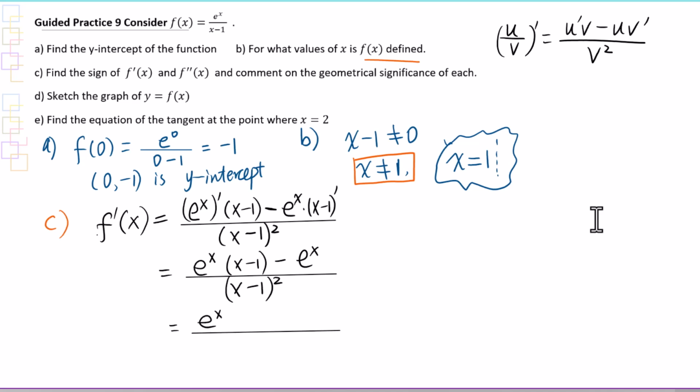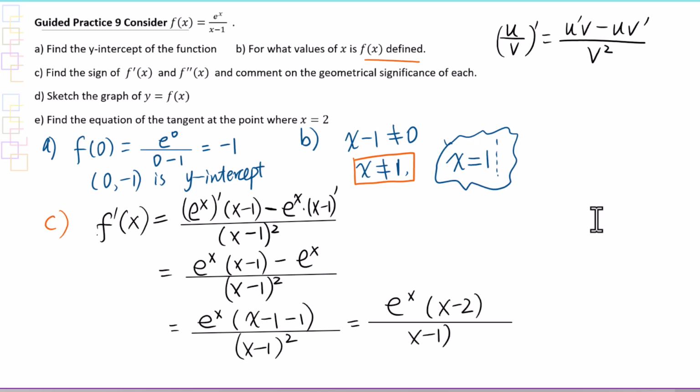We will take e^x as the common factor, so we take out e^x times (x minus 1 minus 1) over (x minus 1) squared, which equals e^x times (x minus 2) all over (x minus 1) squared.